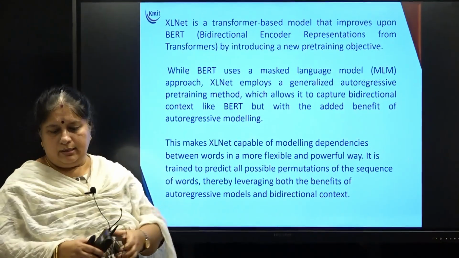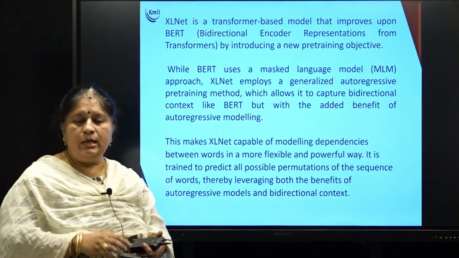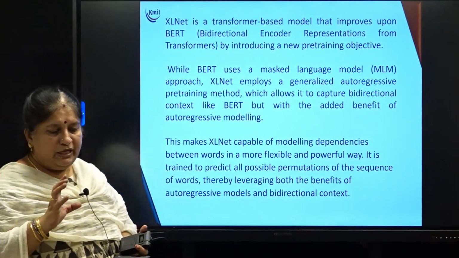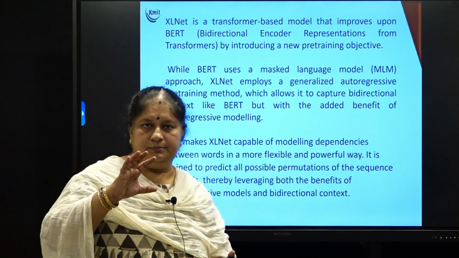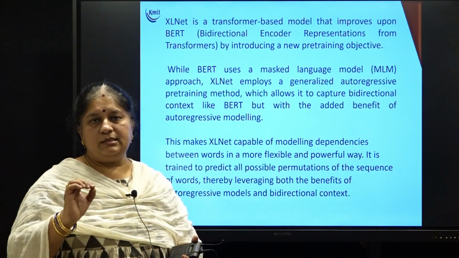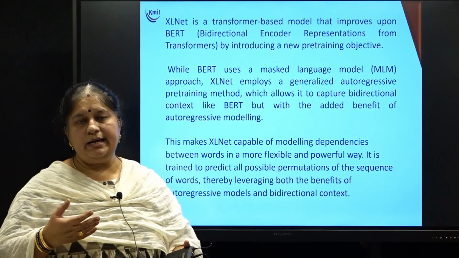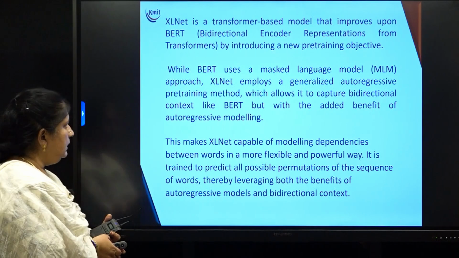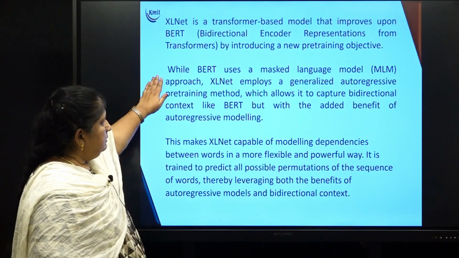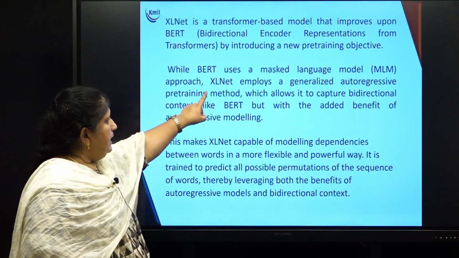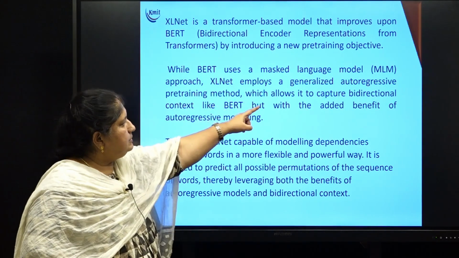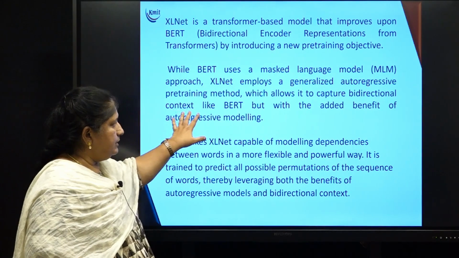It goes for a kind of autoregressive model which combines the bidirectional model of BERT. So this pre-training combining bidirectional plus autoregressive makes XLNet comparatively a better model than BERT. When BERT is using a masked language model, XLNet uses an autoregressive pre-training method which is capturing bidirectional context.